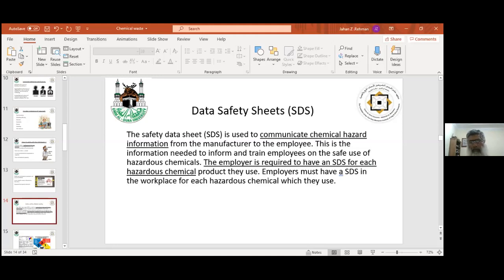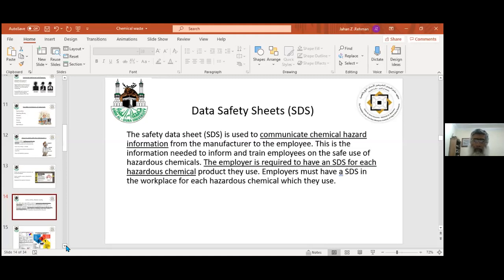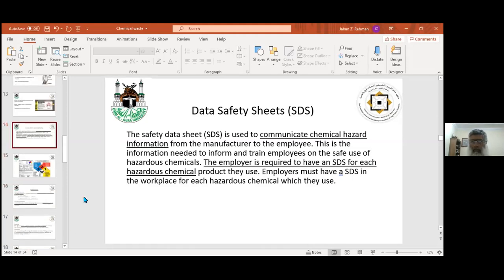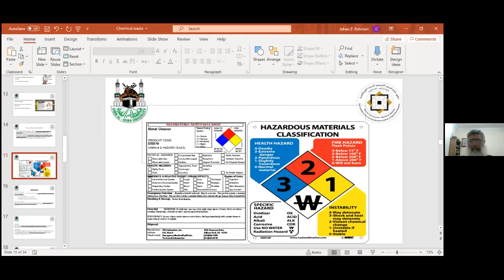But on the other side, it is the duty of the lab in charge to produce safety data sheets along with the chemicals, so it will be easy for the students or trainees to come into the lab and work with chemicals as per their toxicities. This is the example of data sheets.